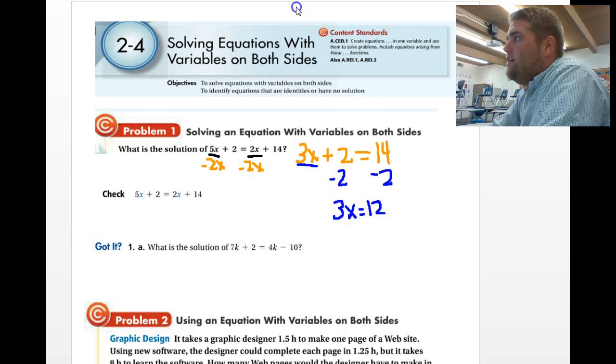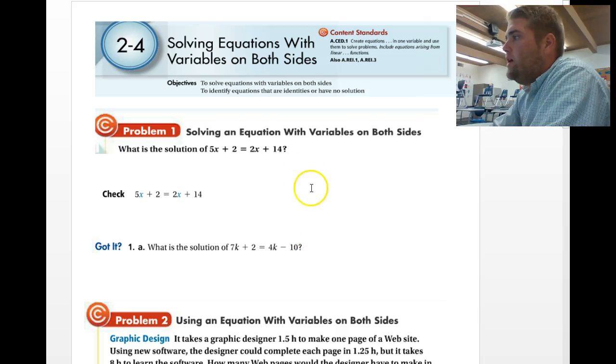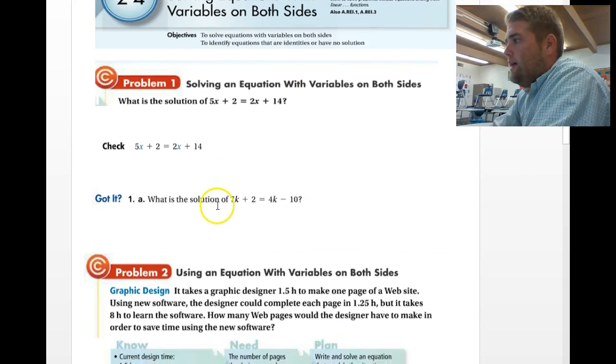Then my goal is to get x by itself, so I divide by 3, and I end up with a final answer of x equals 4. So once again, same things we've been doing. Our only goal in the first step is to get all our variables to one side, and then we simply do the same math we've been doing.